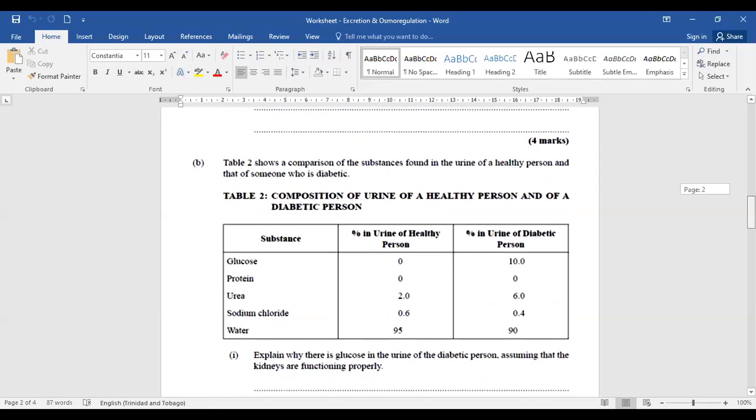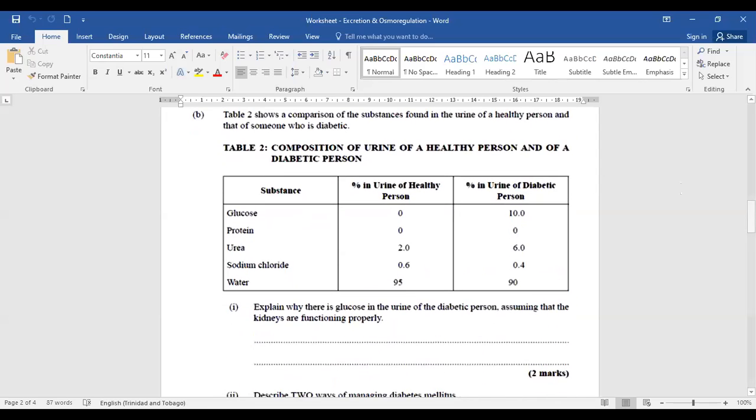All right, so in this table now, you're seeing the comparison of substances found in the urine of a healthy person and that of someone who is diabetic. You would notice that the urine of a healthy person contains mostly water and some sodium chloride, some urea, no glucose and no protein.